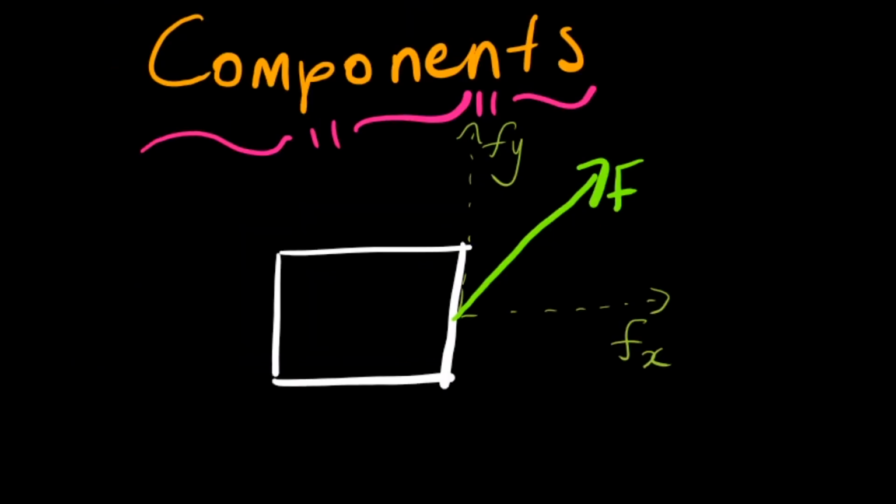For the next part of this lesson video, we need to understand components. We are going to relate components and the work done on an object. Components is a chapter which was taught in the previous classes of physics, but I will remind you how we use these components. Whenever we have a force which is applied at a certain angle, not parallel to the displacement, that force has components.